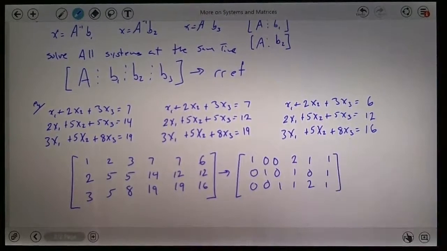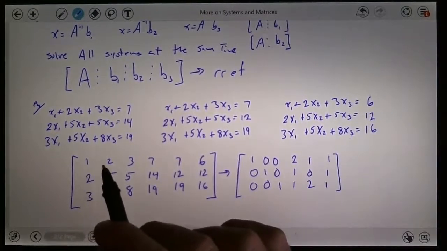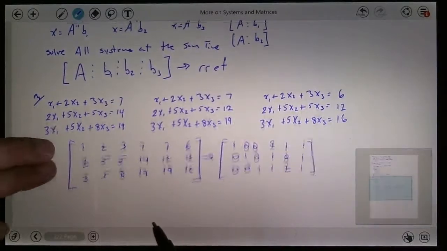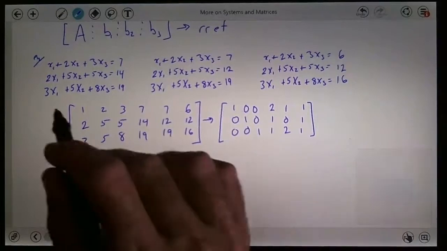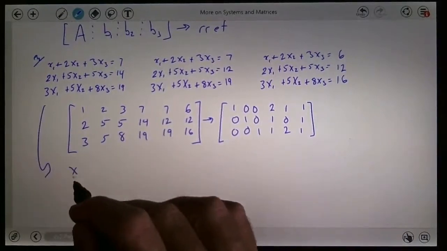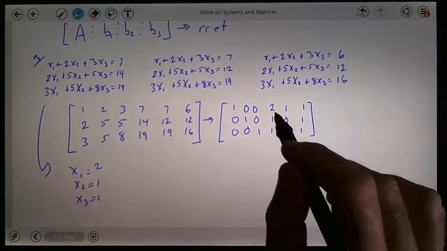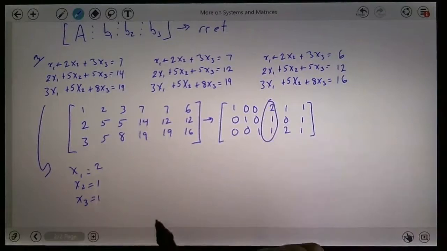What that tells me is that the solution to the first system is x1 equals 2, x2 equals 1, x3 equals 1. That's this column right here.